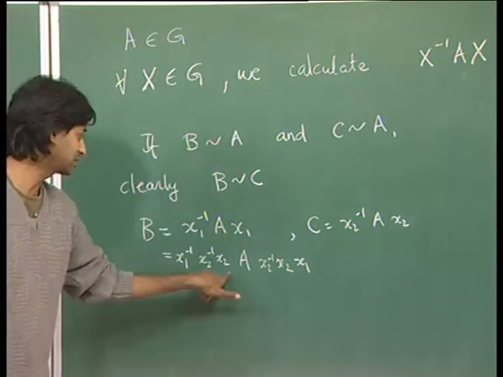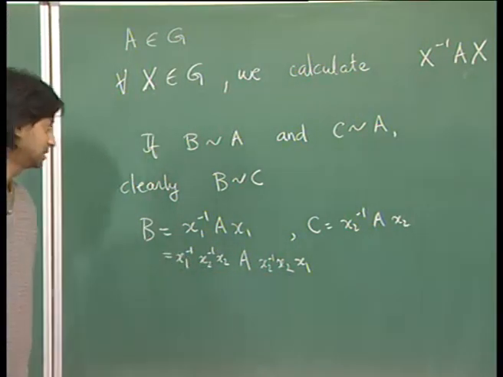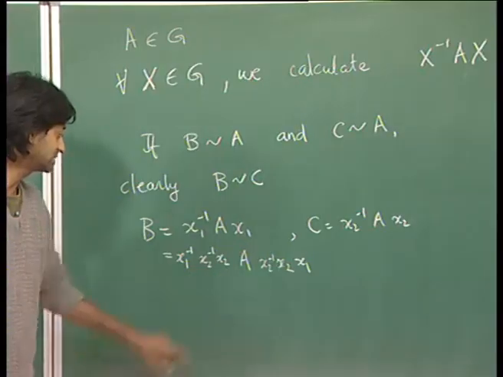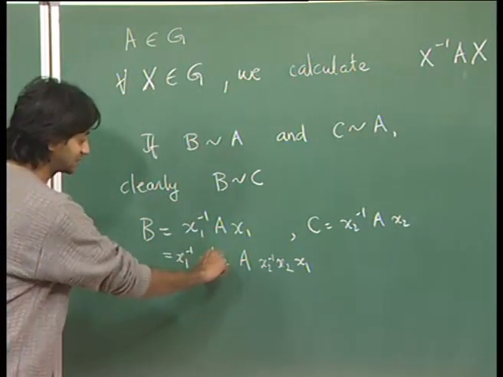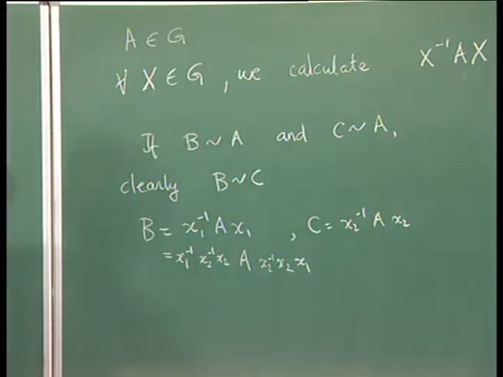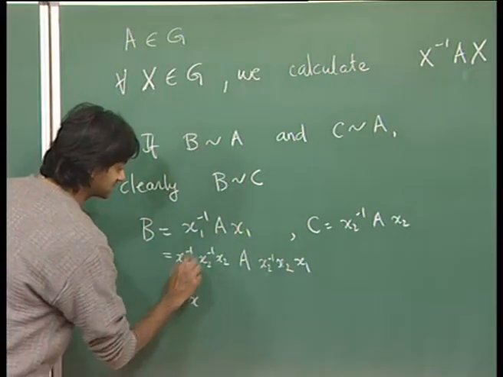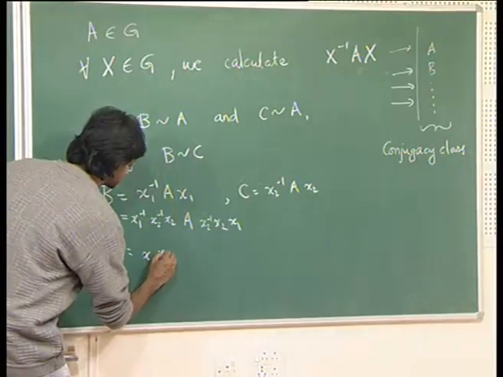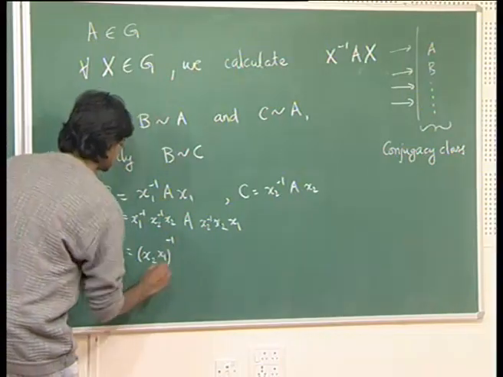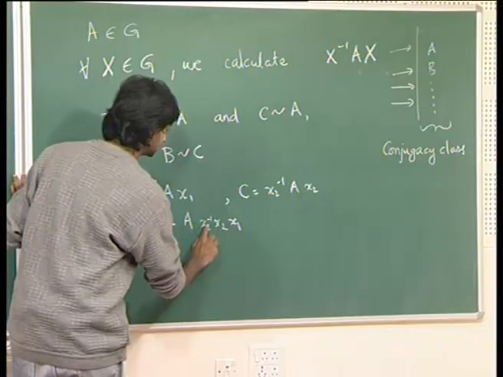I just multiplied by identity here and here, because X2 inverse X2 is just identity, and multiplying by identity does not change anything.